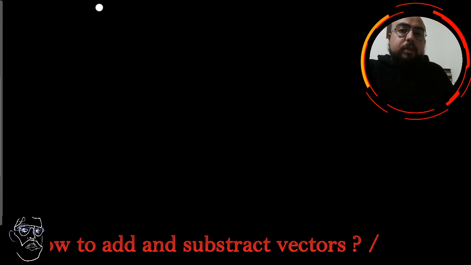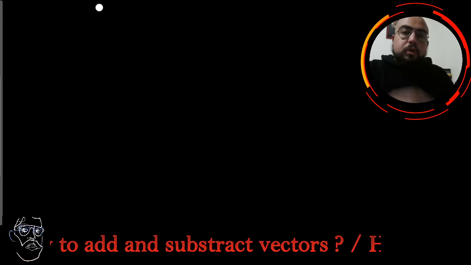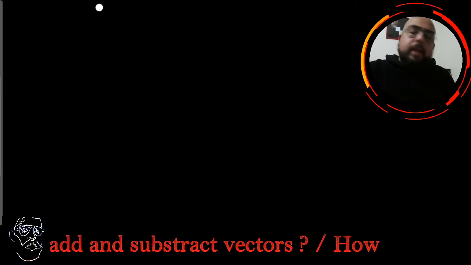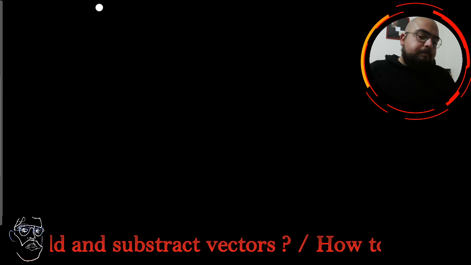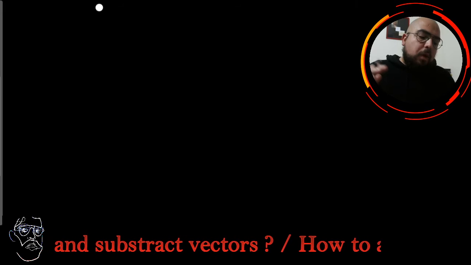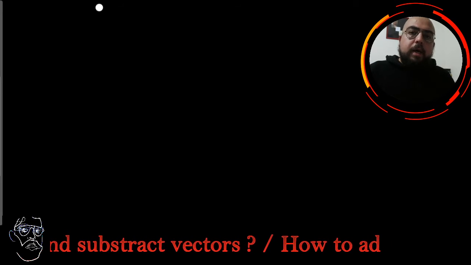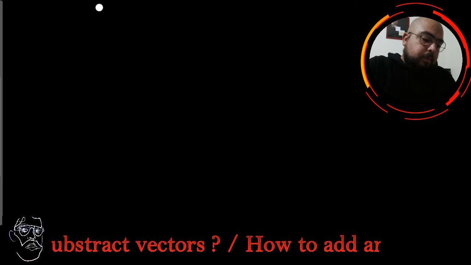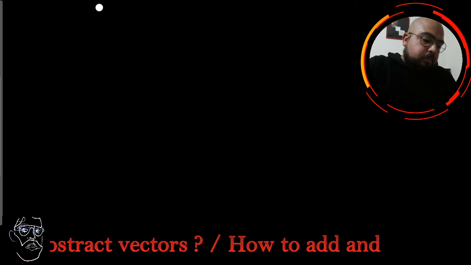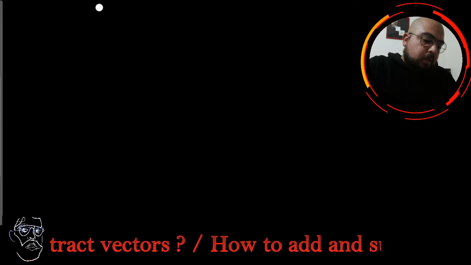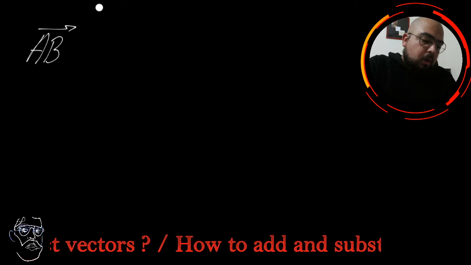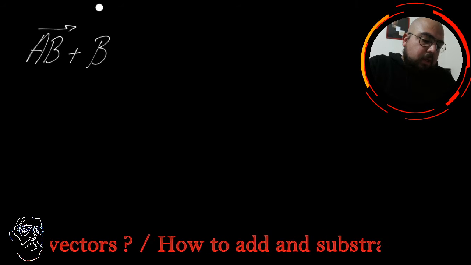So how do we add two vectors? We have two types of addition. They can be considered as one, but we usually define two types of addition. The first type is when you have a certain vector AB plus BC, let's say.